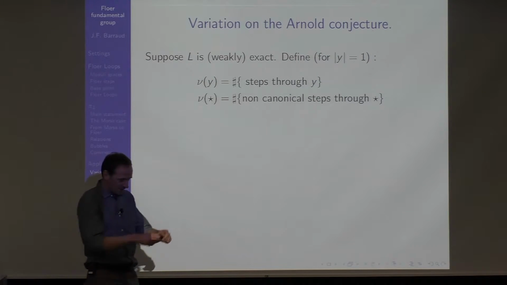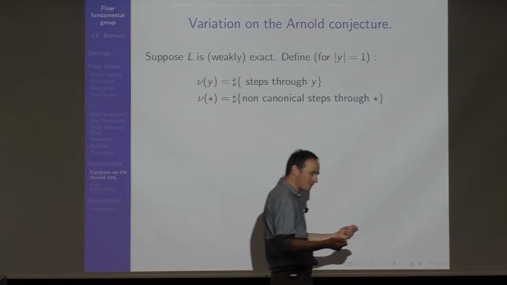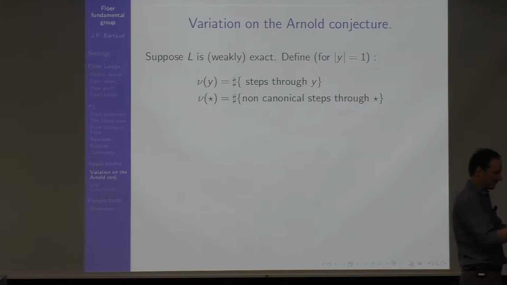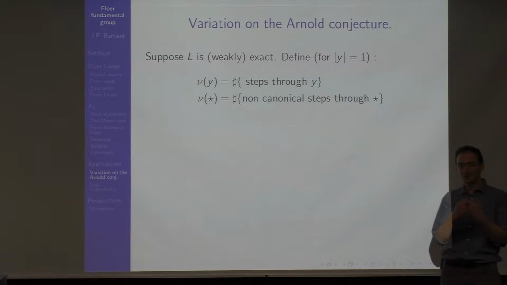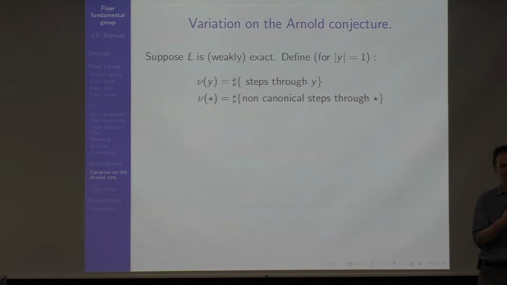Because we can see that we have generators for the fundamental group, but in fact the generators are not the intersection points themselves. The generators are the steps. And it turns out that through one intersection point, you can have several steps. In Morse theory, of course, the unstable manifold is connected. It's just a line. So in Morse theory, if you have one index one critical point, it gives you one generator.